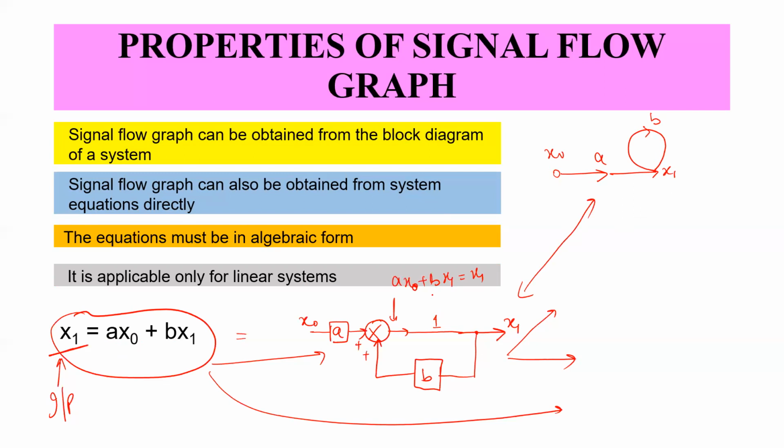So we can either obtain the signal flow graph of a system from its block diagram, or from the algebraic equations of that particular system, right? So this is how we can easily obtain the signal flow graph.